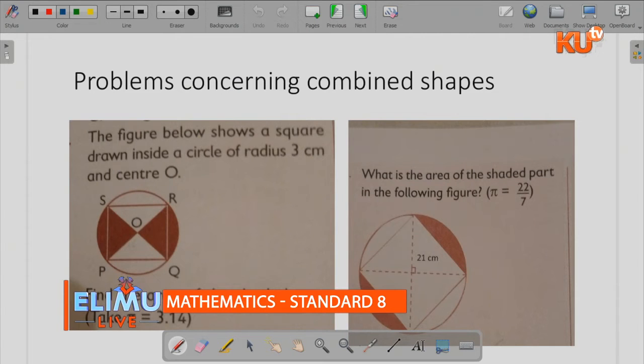That one brings us to this one. You can see in such a case, for example, let's read. The figure below shows a square drawn inside a circle of radius 3 centimeter.